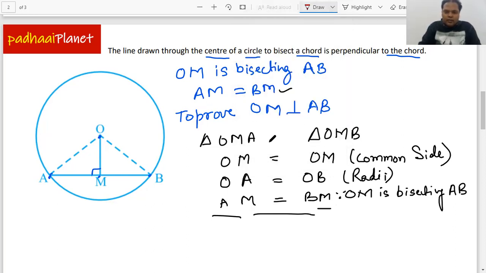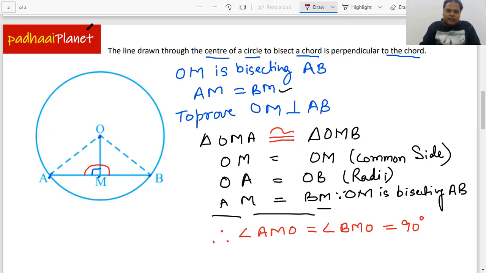When these two triangles are congruent to each other, therefore angle AMO is equal to angle BMO, and that's going to be 90 degrees, because this entire angle is a straight angle.